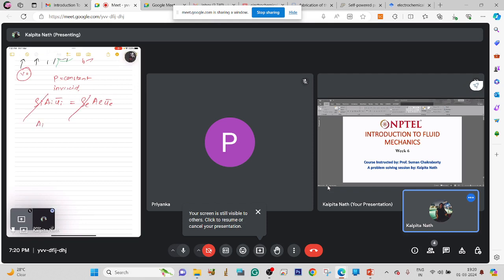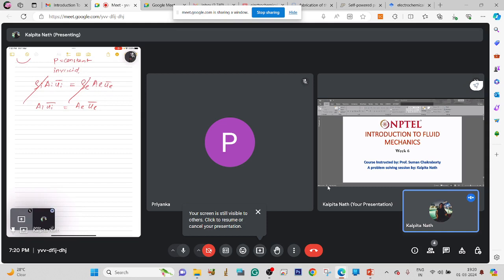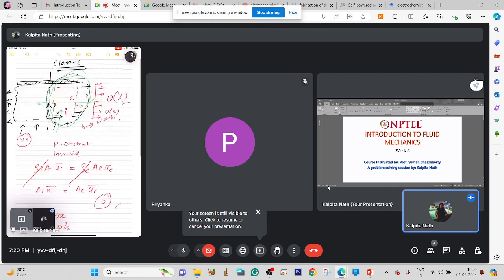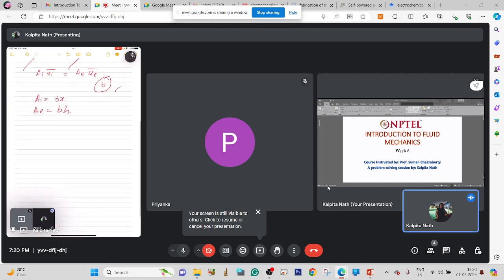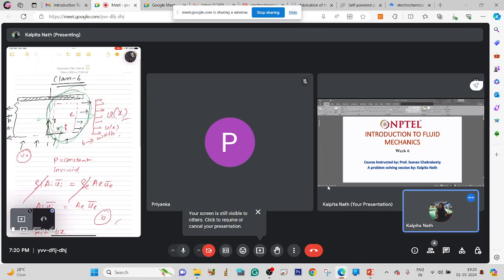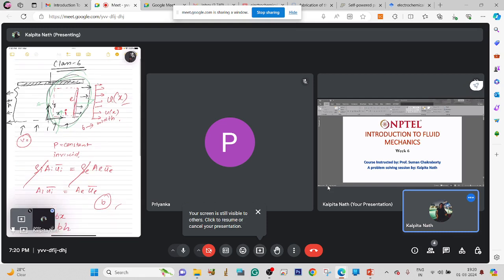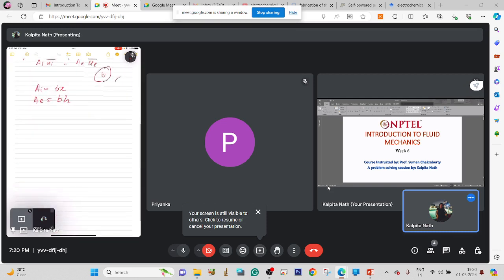So this will be A_I U_I equal to A_E U_E bar. If the width of the plate is B, then A_I is Bx and A_E is Bh, where h is this distance.